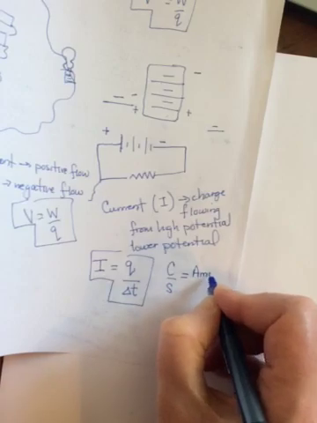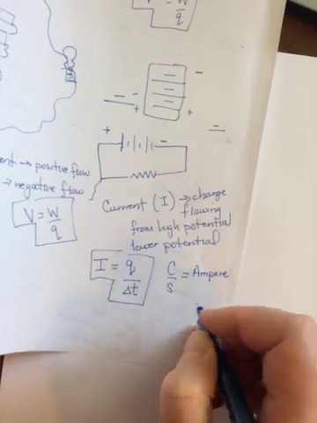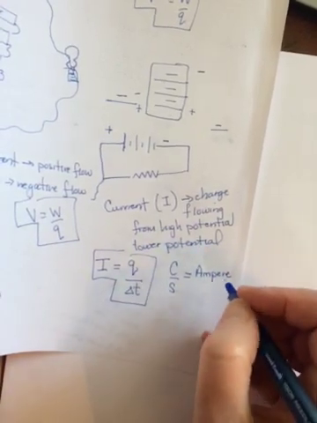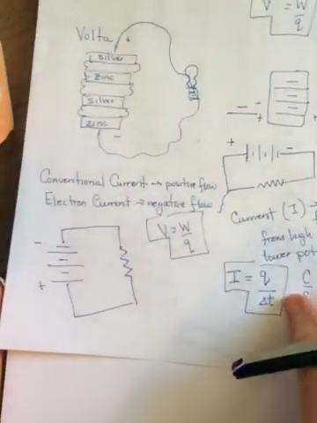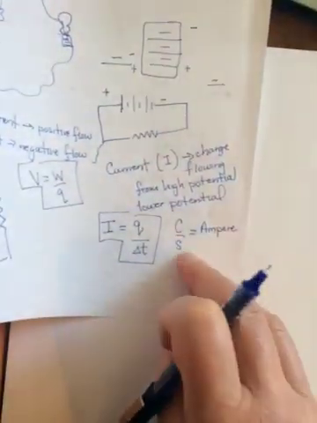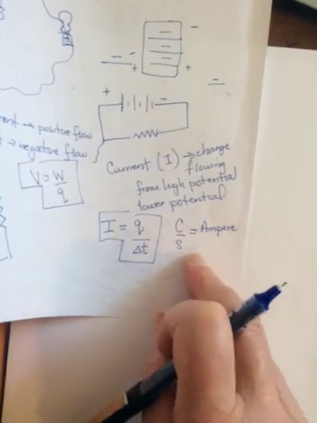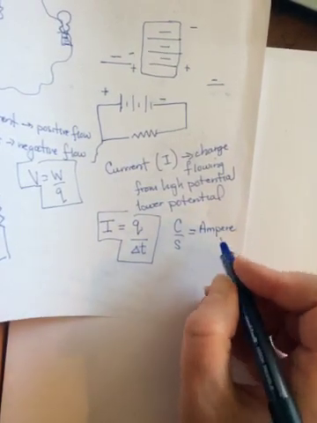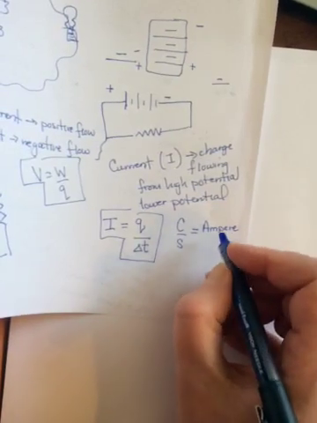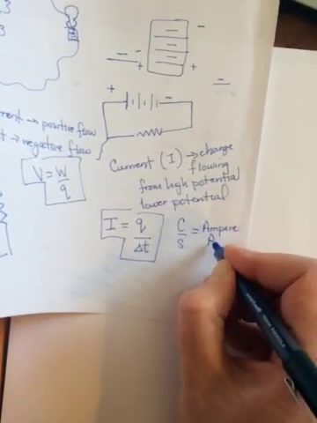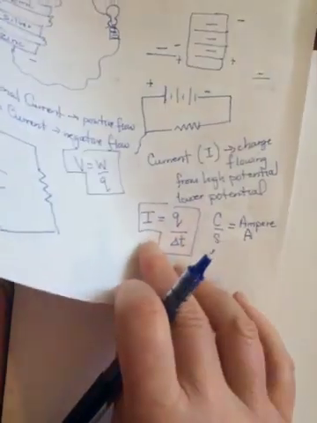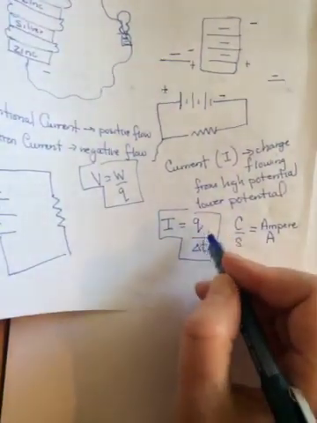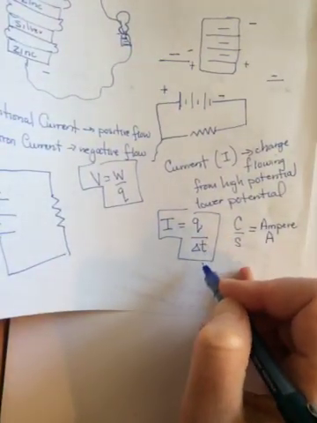We rename it an ampere after André-Marie Ampère, who would have been a contemporary of Volta. He did a lot of work with current, with electromagnetism. Now, his full last name is Ampère, but we tend to say amps, and its letter is a capital A. Now, it's the amount of charge flowing in a particular period of time.